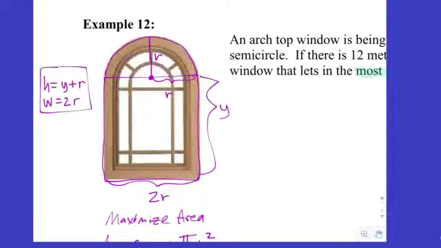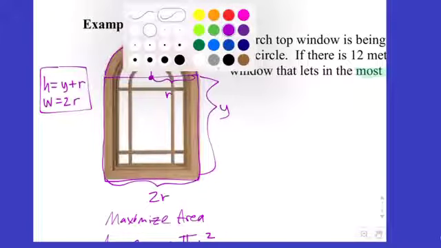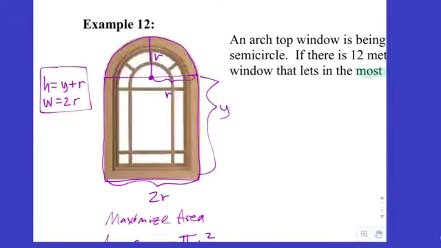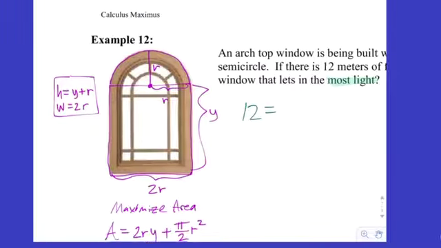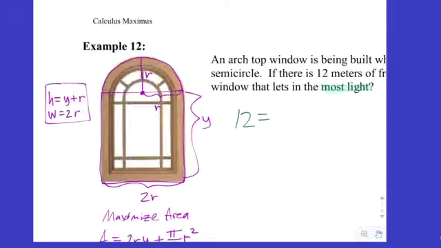It has to have 12 feet of framing material. So we'll just assume that that is the perimeter all the way around the window. So 12 all the way around the window should be, how many Ys would I have? 2 Ys, okay, for the stiles we call them. 2y, plus I have a 2r for the width for the bottom rail.